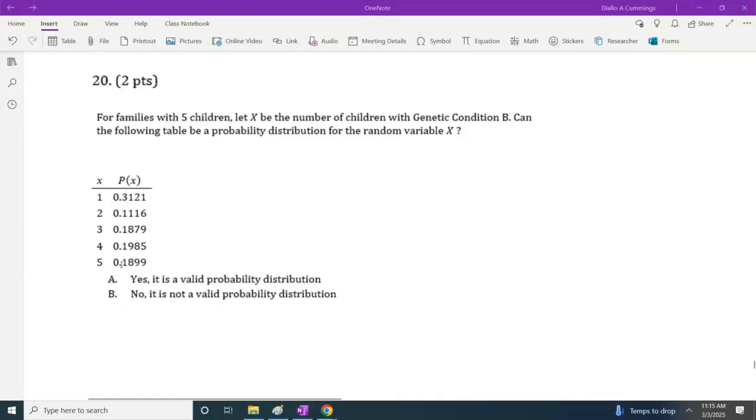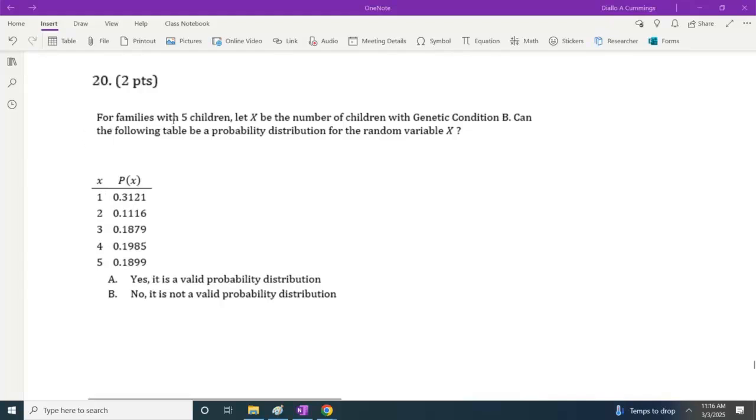In this probability distribution, notice that it's listed out in a table format. For the first column, we have our random variable X. For the second column, we have our probability, so that P of X is probability.